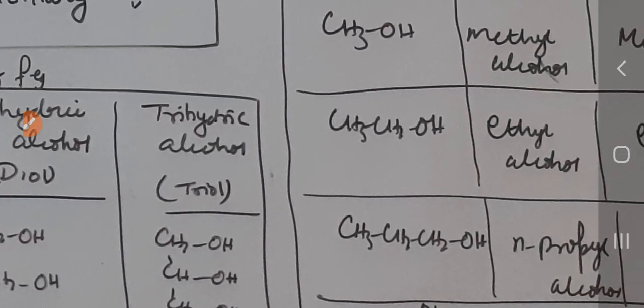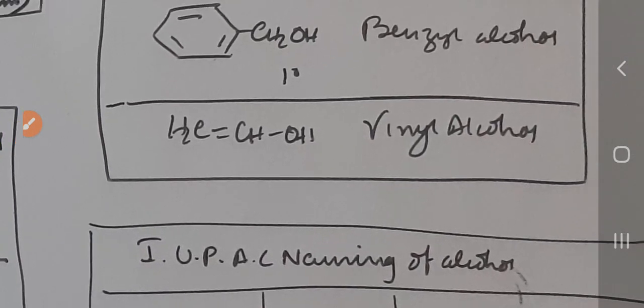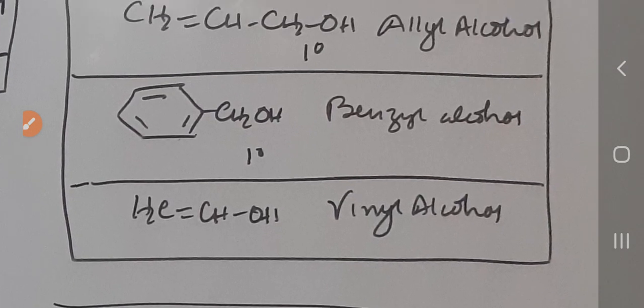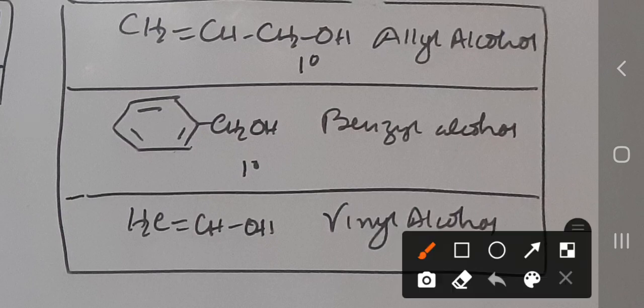Now further classification is based on whether the given alcohol consists of an unsaturated part or not. In this example, you can see three different examples are taken. The first one is allyl alcohol, second one is benzyl alcohol, and the last one is vinyl alcohol.